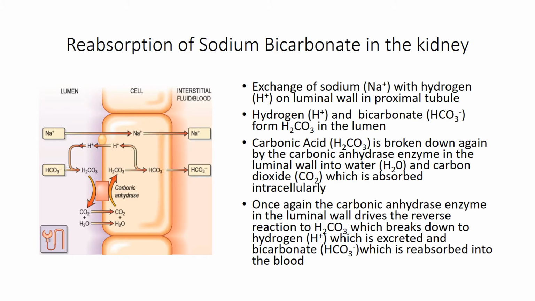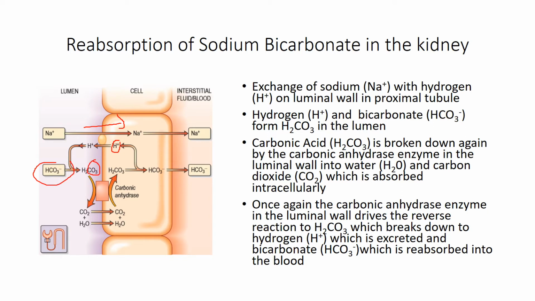That's right, it's the kidney. And the kidney reabsorbs bicarbonate through sodium bicarbonate. As urine drains through the glomerulus and first enters the proximal tubule, sodium is exchanged for hydrogen. Hydrogen combines with bicarbonate to become carbonic acid.